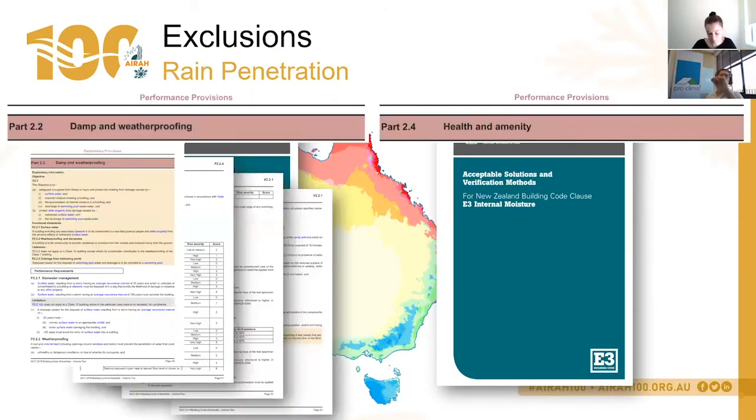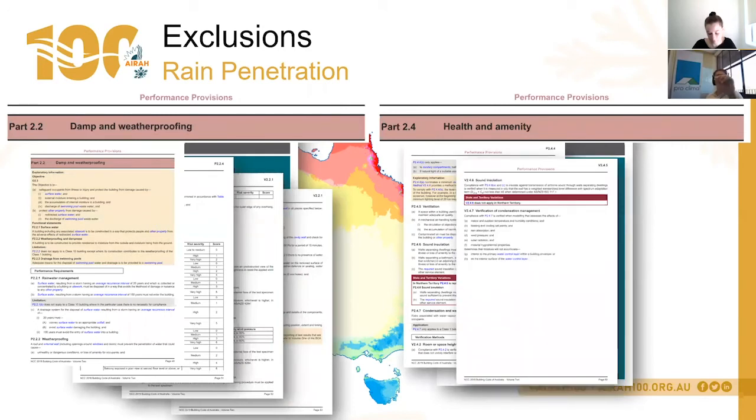What we have in Australia is a very similar approach, but not so obvious. We have damp and weatherproofing in one part of the building code. In that section, it's all about designing systems that will stop the rain ingress into, particularly, facade systems.